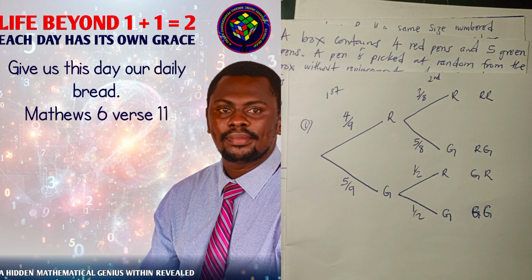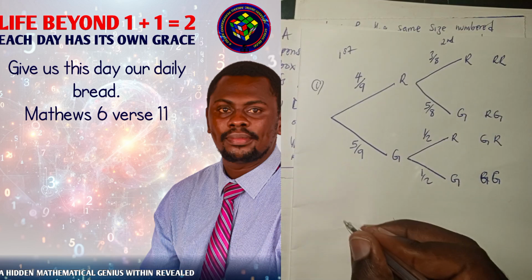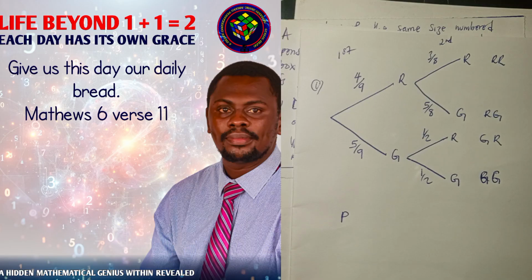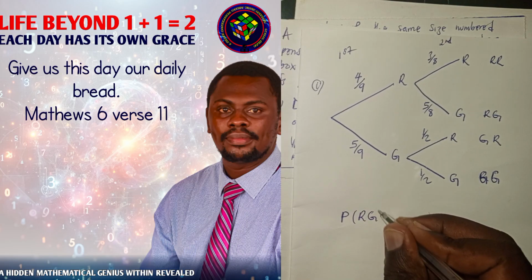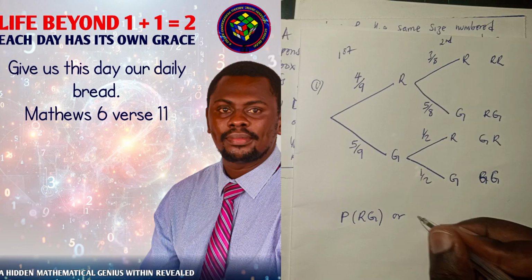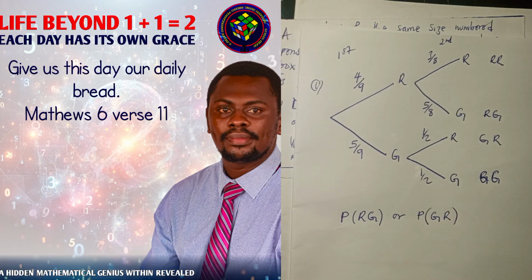So the probability of picking 1 red and 1 green would be P of red, green, or P of green, red.